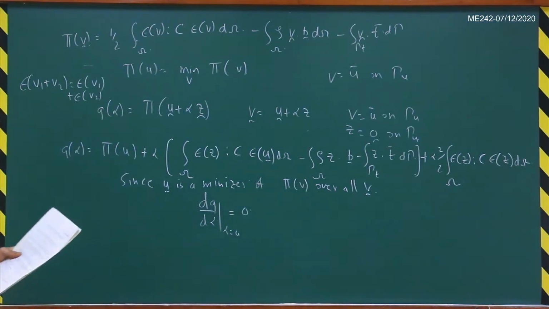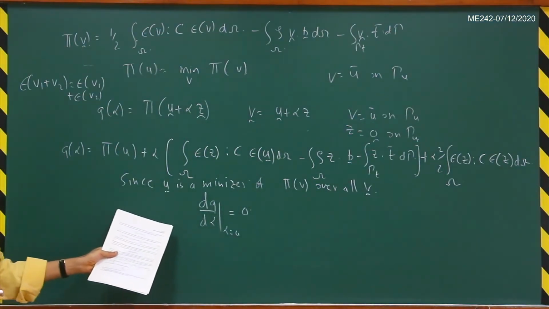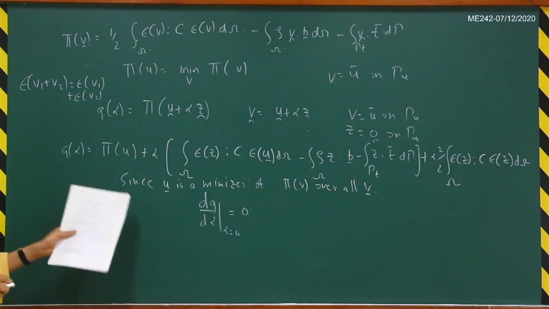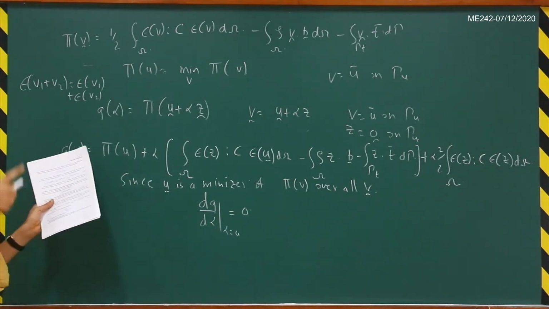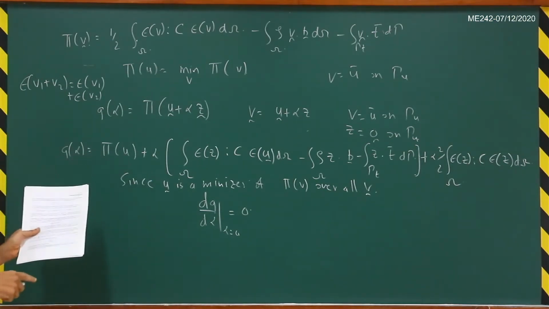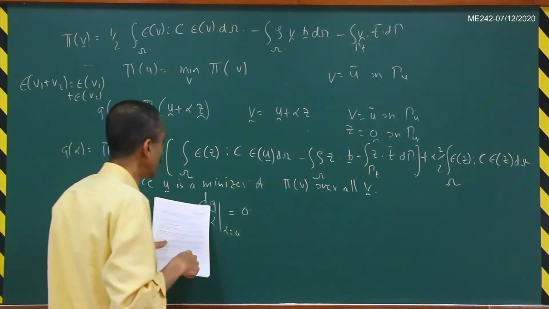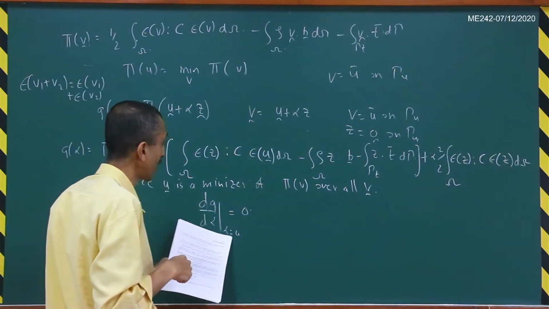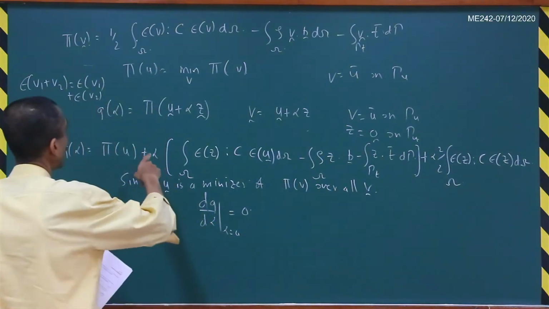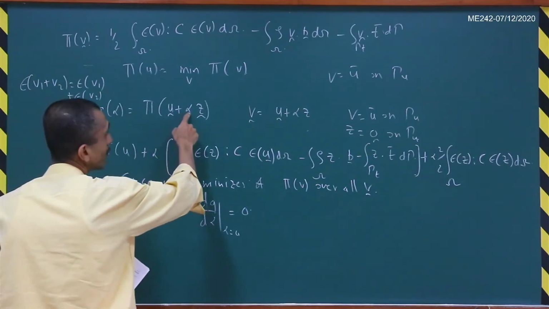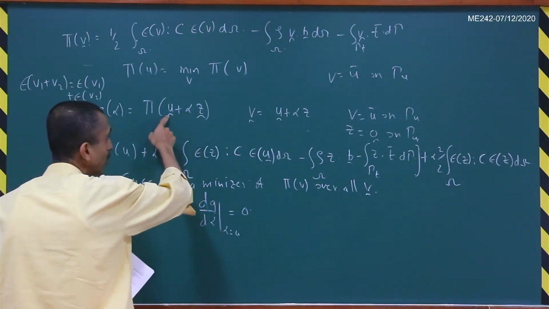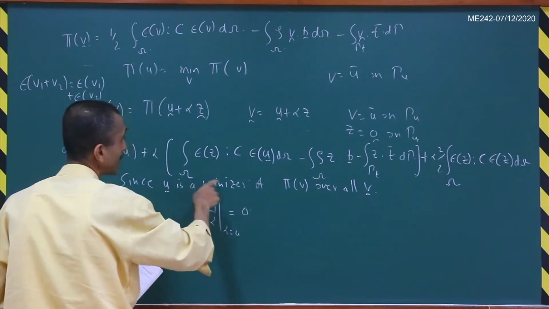That is just the first order condition for optimality of a function. If a function is a minimum, the derivative vanishes, so that is the necessary condition. You have to evaluate it at alpha equal to 0, because when you evaluate it at alpha equal to 0, you will get u, and so the minimizer is at u.